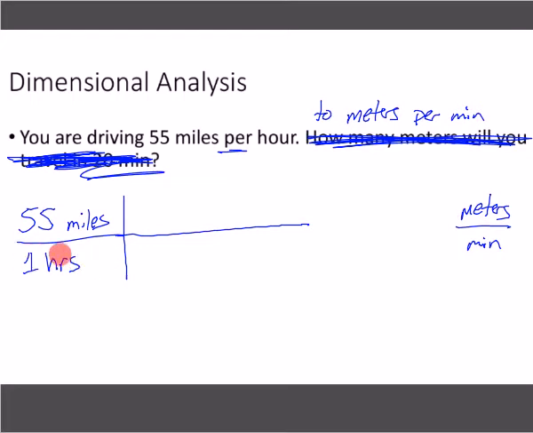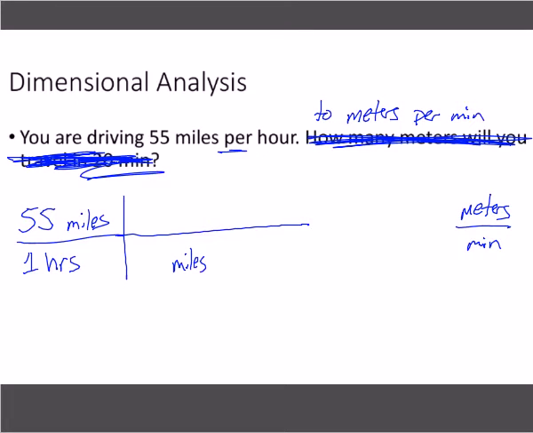We're going to ignore this 1 hour for right now. Okay? So cover it up with your hand and just say, okay, I'm only focusing on miles and getting it to meters. So that's what we're going to start doing. Let's go from miles to meters. Miles is on the top. Where does it have to go to cancel out? All right. Okay, miles on the bottom.